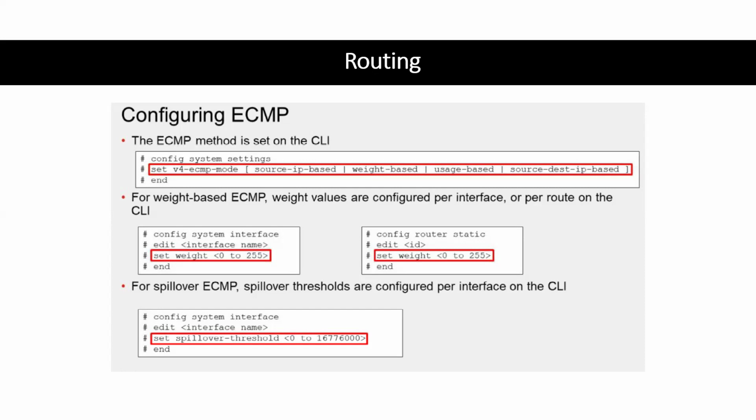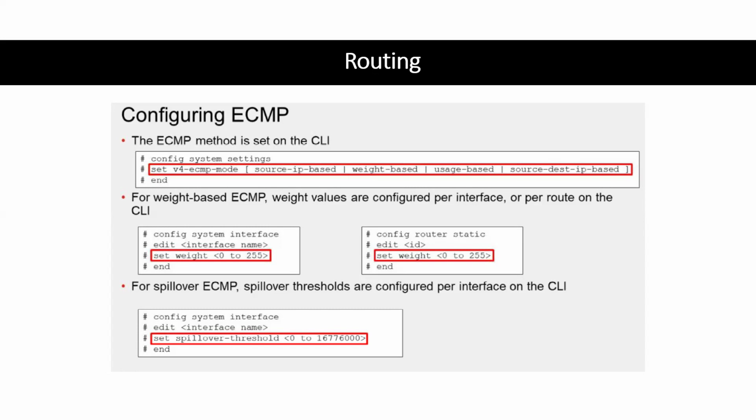For weight based, you can see we can define those weight values per interface or per route. For spillover ECMP, as far as the thresholds for usage based, we can configure depending on the bandwidth of that interface. So maybe I have a gig interface.